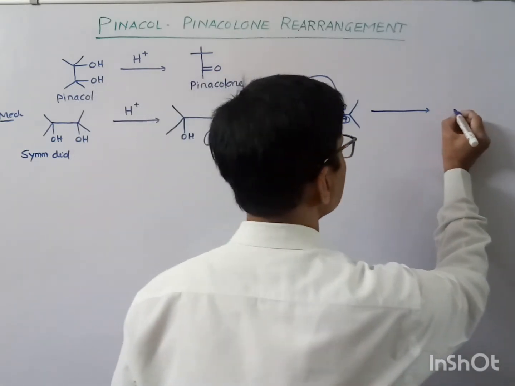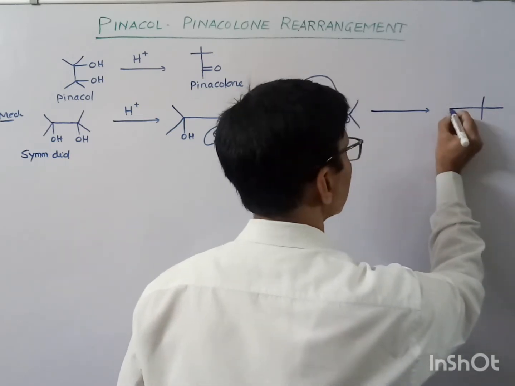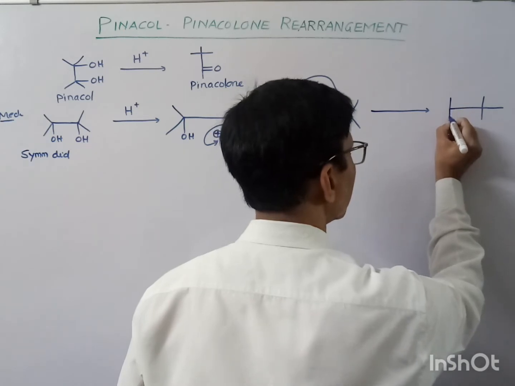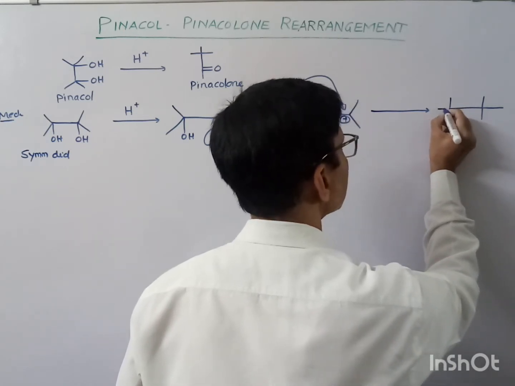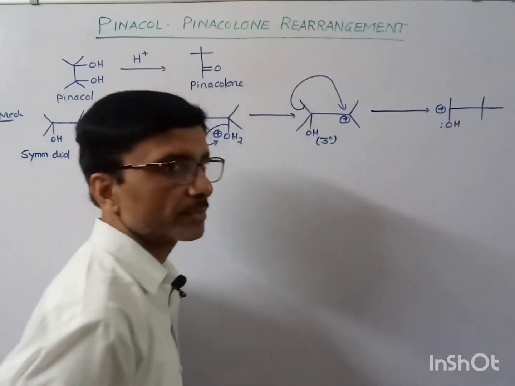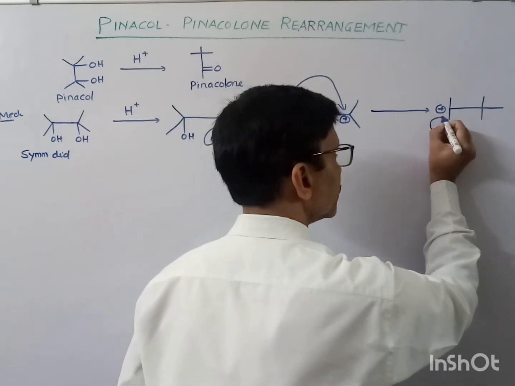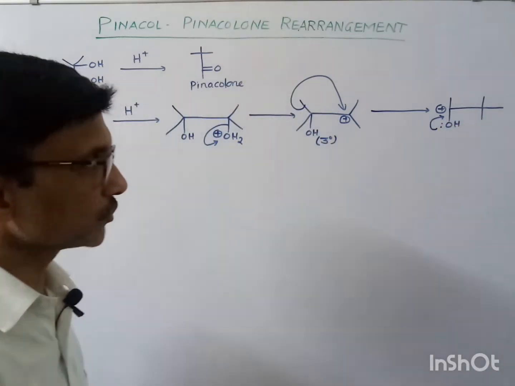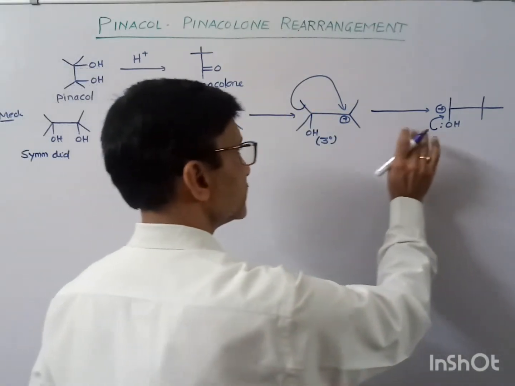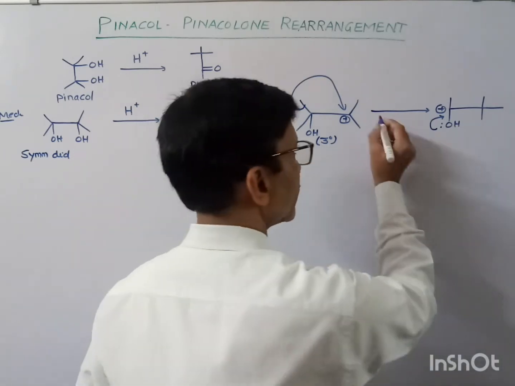After migration, what you will see? You will have a positive charge over this carbon, and now in the next step, this positive charge would be neutralized by the lone pair of electrons present over this oxygen. So the driving force for this migration of the methyl group is the neutralization that can take place by this lone pair of electrons.